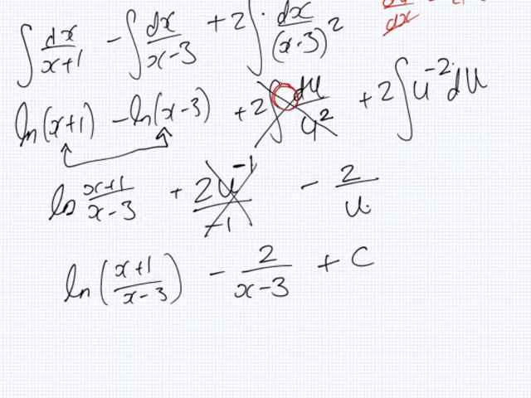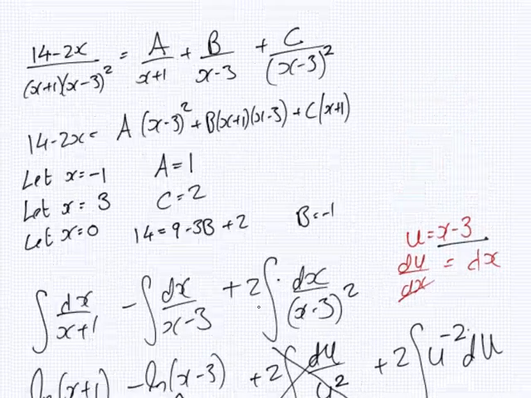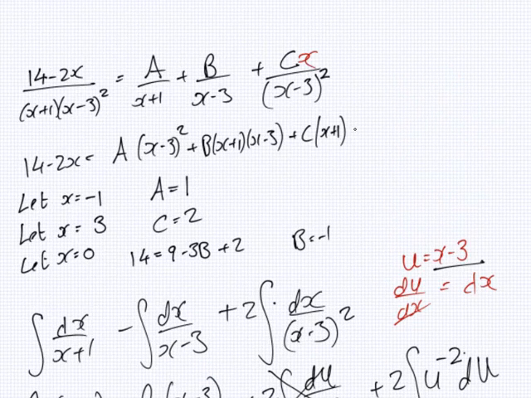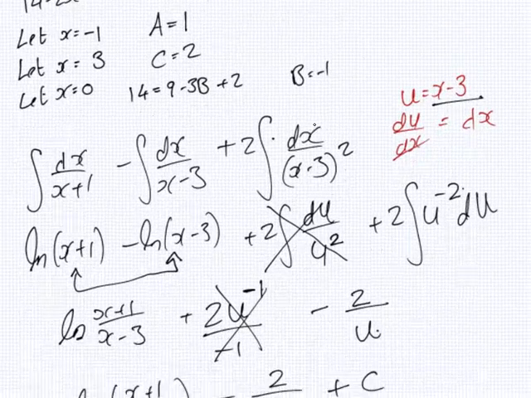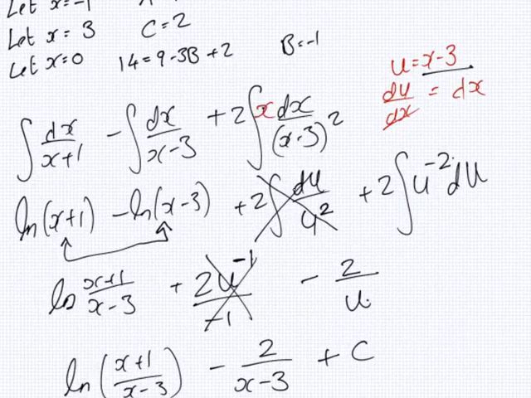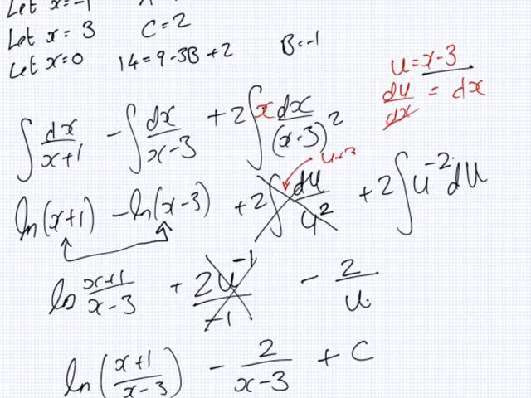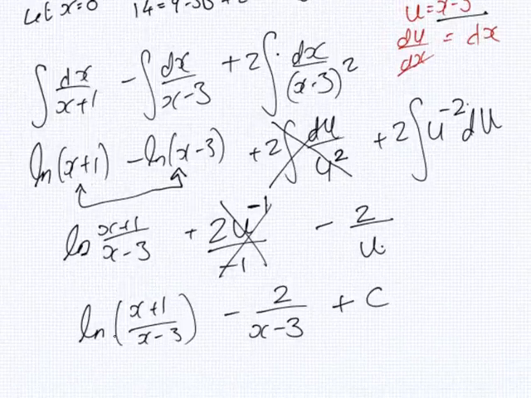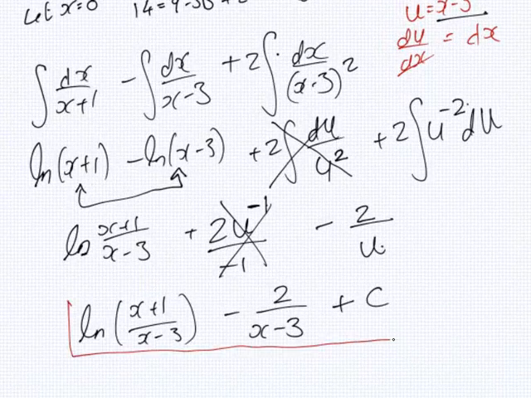It's empty. You see that? But if I left the x here, then there'll be an x here, and then the problem is we'll have to replace x with u plus 3. So you can see that it gets longer and more difficult to have the x in it. So I think when we looked at the marking scheme, they didn't put in the x for these types, so we can leave the answer like this.